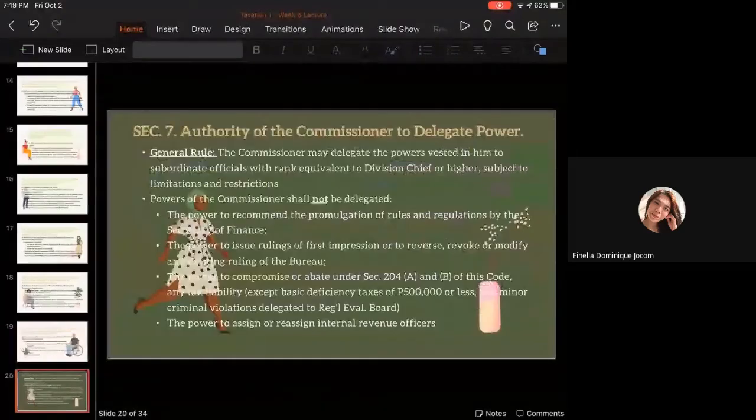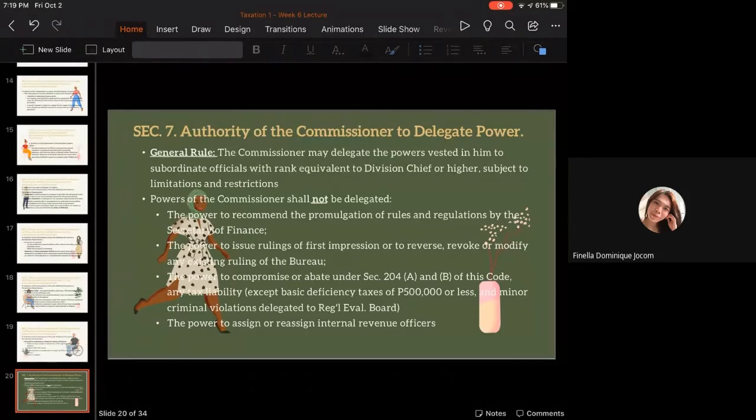Another authority of the power of the commissioner is to delegate. Okay, so as a rule, the commissioner may delegate powers vested in him with rank equivalent to division chief or higher, of course, subject to limitations and restrictions. So the commissioner cannot delegate the following.